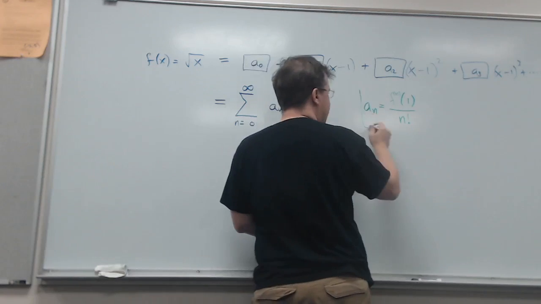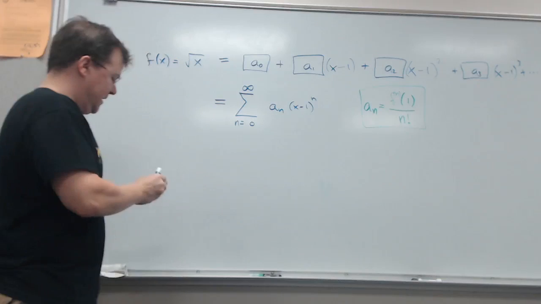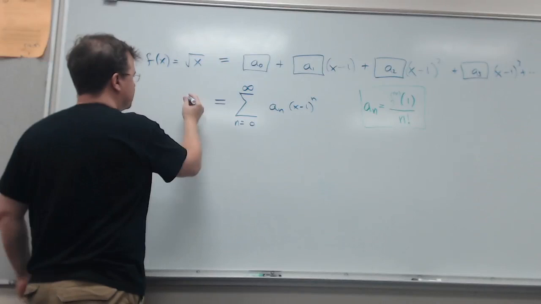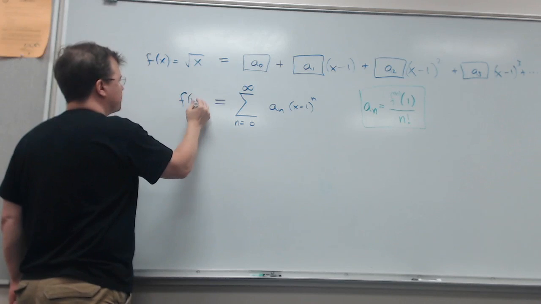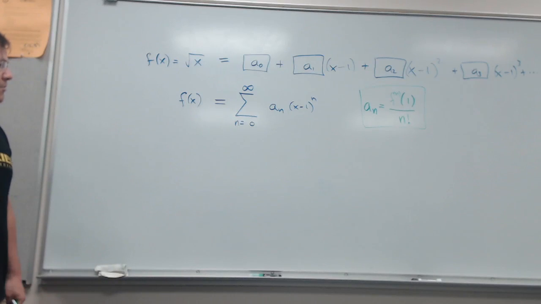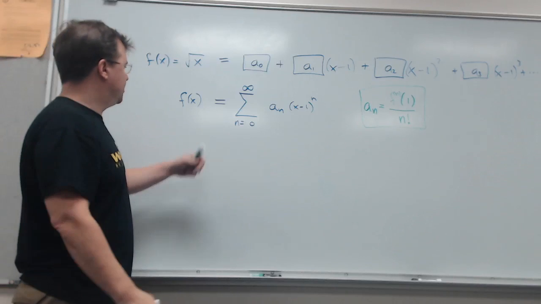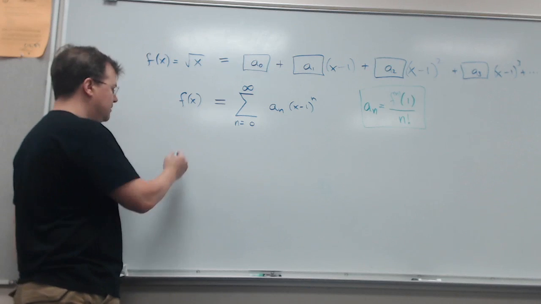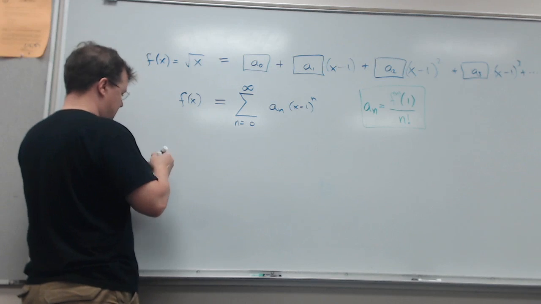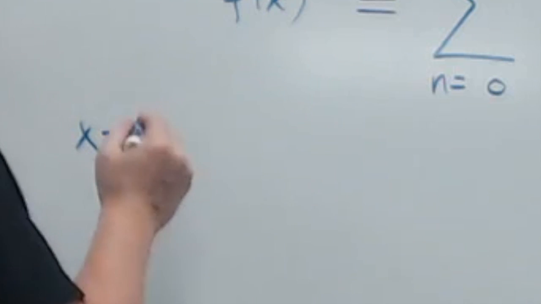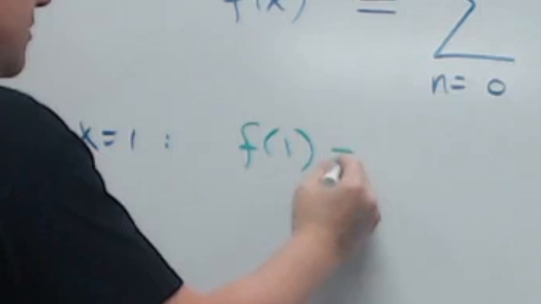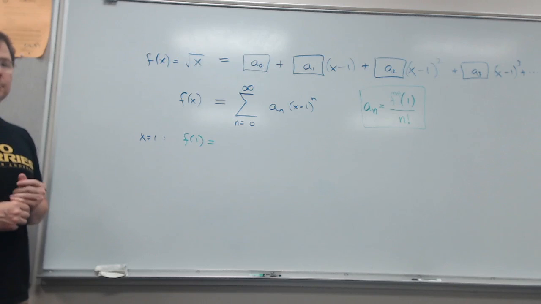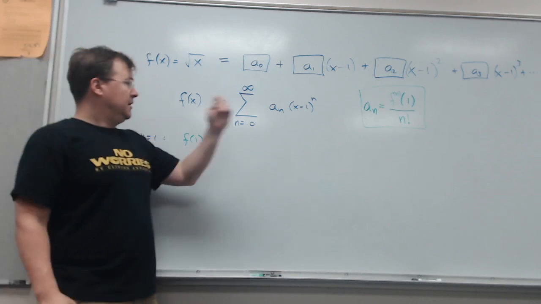But let's see why. So we'll set that aside, pretend we don't know it. And I'm dealing with a function right here. Let's just do this in general. What I'm going to do is just plug in 1. Let's see what you get when you plug in 1. Notice if x equals 1, it says that f of 1 equals a sub naught, almost always.